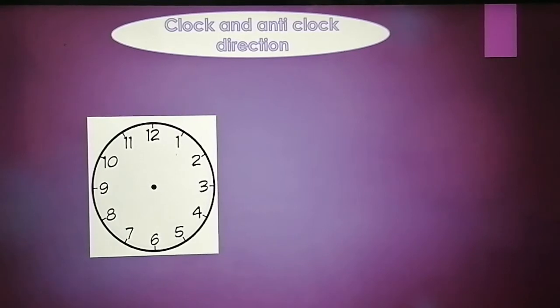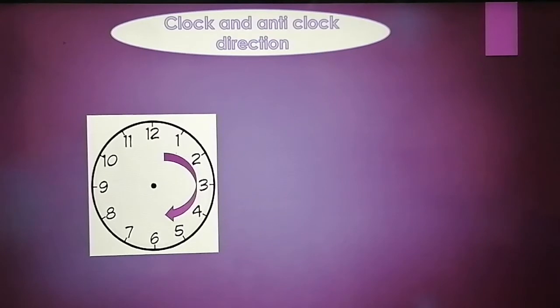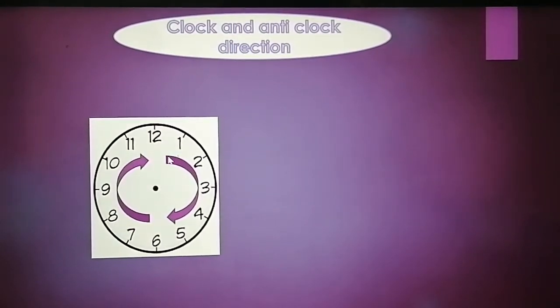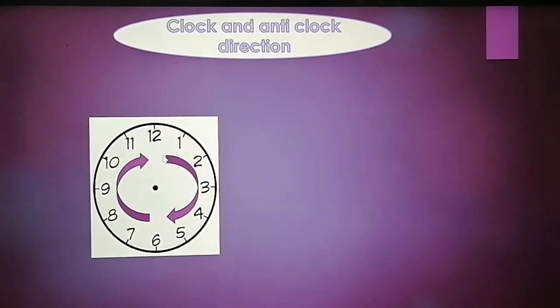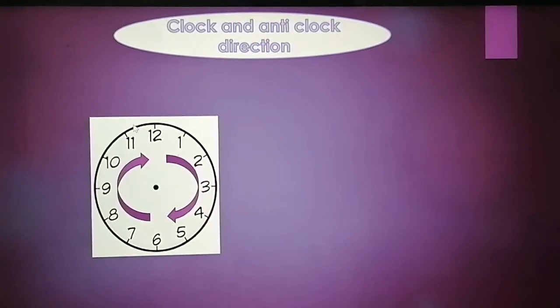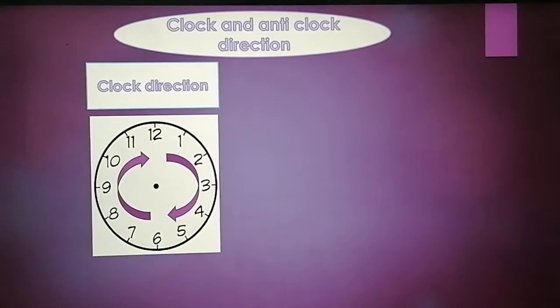On this clock, if the arrow starts from 12, moves continuously from the right side until the left side and stops here, it is called clock direction, means clockwise direction.